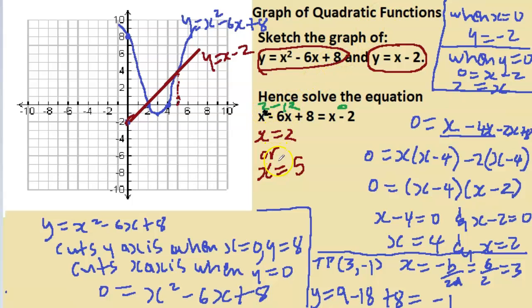So if you plug 2 there, you'll have 4 minus 12 plus 8, which is 0. On the right hand side, you'll get 2 minus 2, which is also 0.